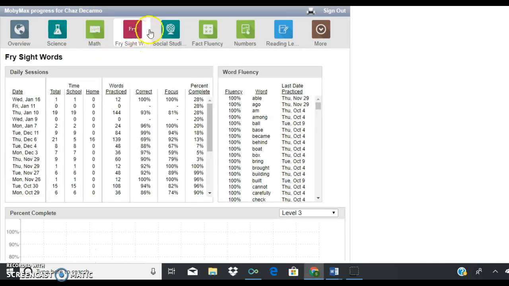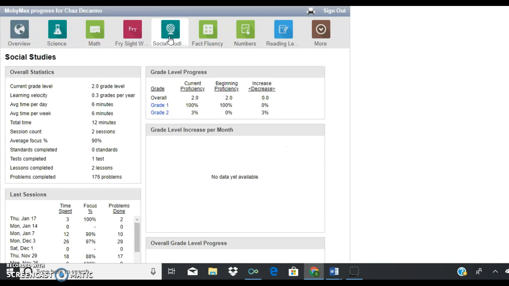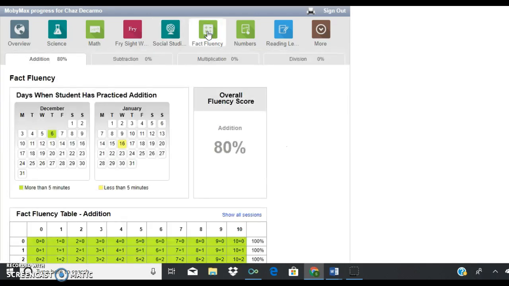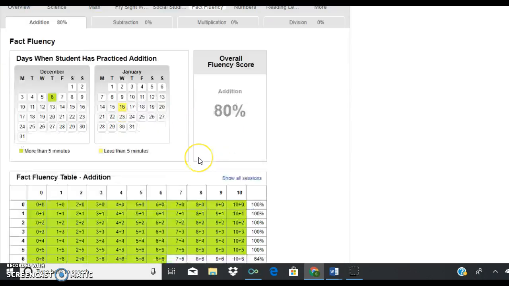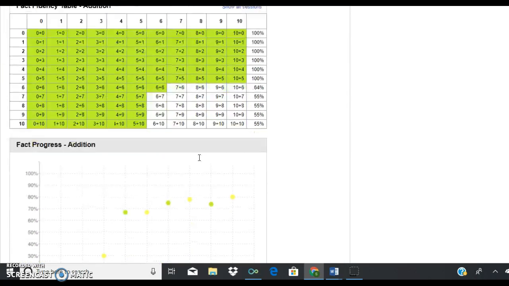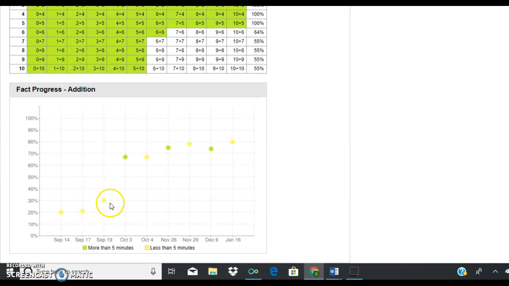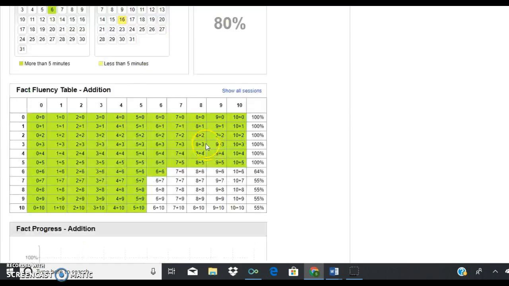So you can look at each subject and see at what level your student is at. So for fact fluency, these are the days he has practiced his addition, and right now he's at 80%. And this shows the progress in addition that he's making.